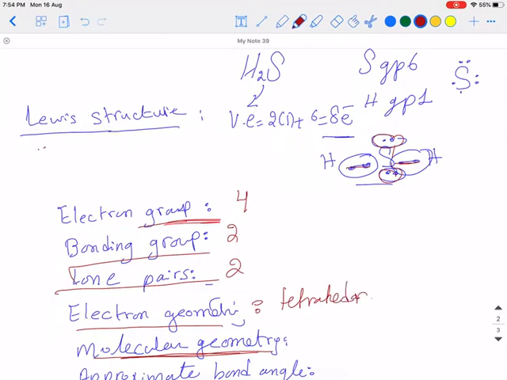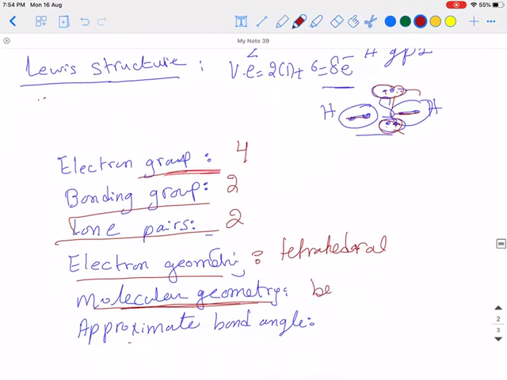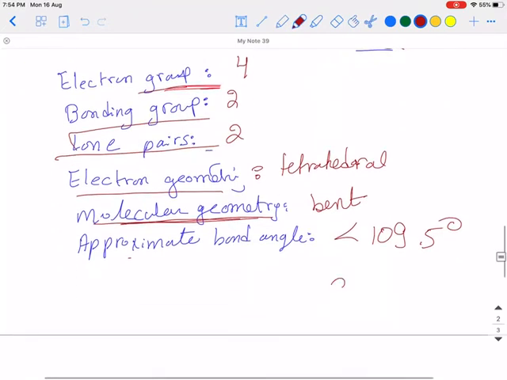But because here 2 bonds are replaced by 2 lone pairs, the bonds will squeeze more and more. So it will be bent in shape, and the angle less than the one in tetrahedral, which is 109.5.